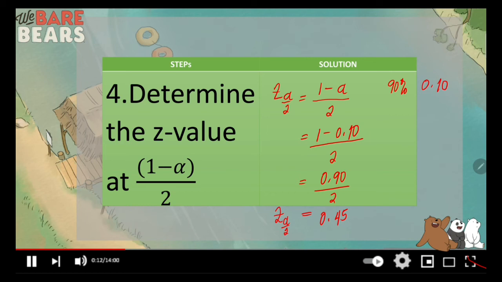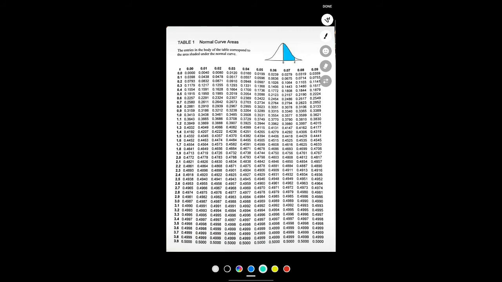So therefore, we have to find the z-value at 0.45 as the area. So we will use the z-table. Find the area, which is 0.4500. And let us also determine its corresponding z-value or z-score. So we have 0.4500, that is the z-value at 90% level of confidence.